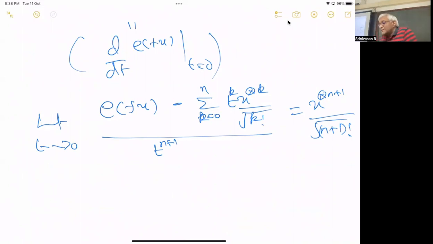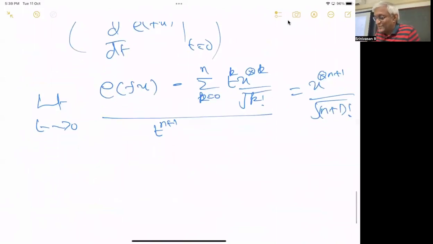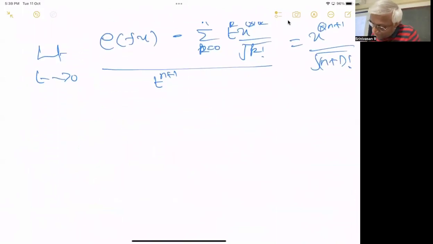Okay. Now from this U tensor n, you have to get any symmetric tensor, which I leave as an assignment. I will tell you how to do it. This is the assignment, the rest.